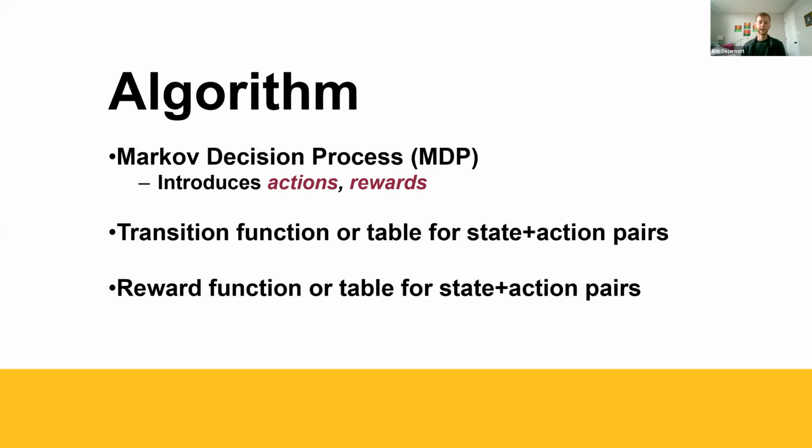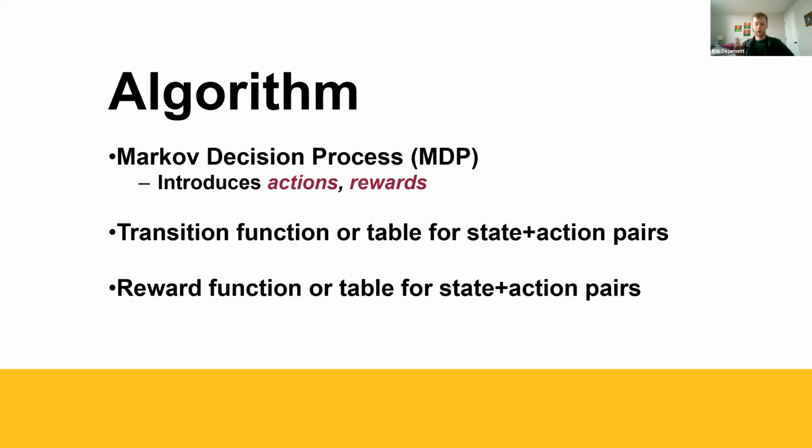So the way transitions work in an MDP is that you only need the state, but you can choose any number of actions from that state, and that tells you where you're going to go. It's not just random probability. If you have a state and an action, you'll have a transition function or table which maps your state and your action.